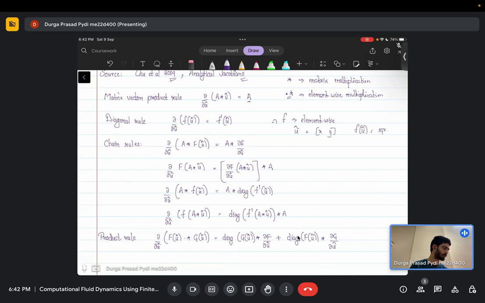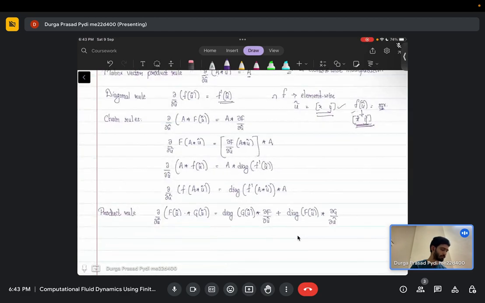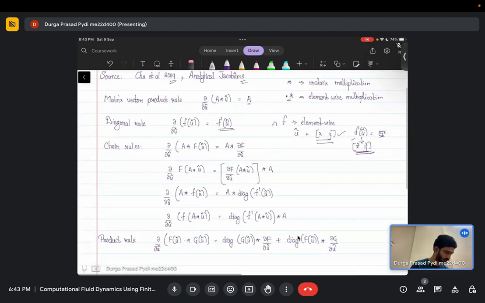This will give you x square, y square. So it does this particular operation on each and every element. In that case, f of u hat will again be a vector, and u hat will also be a vector. If you want to apply the derivative of this with respect to this, the operation is something like this. It's quite straightforward. Things get complicated when, okay, sorry, it's actually diagonal.